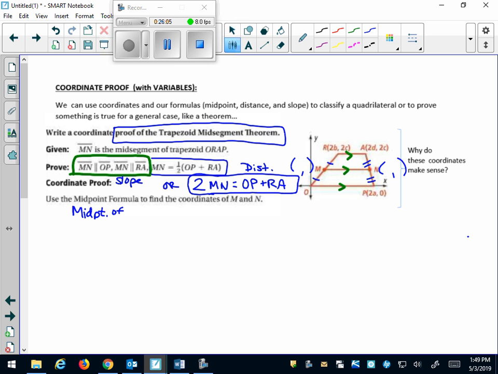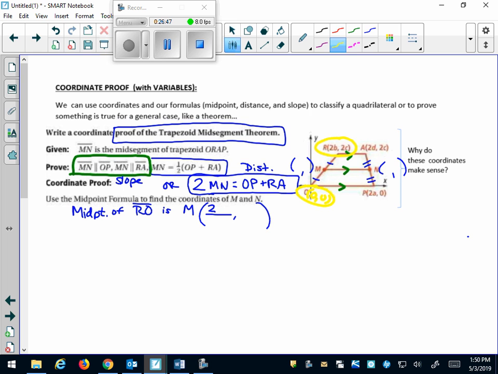M is the midpoint of RO. Midpoint formula is the average of the x's and the average of the y's. So if we're going to use the point R and O, the xy of R and the xy of O, we have to add the x's. What do we get? We're using these coordinates and these coordinates. I guess we could write them as 0, 0.